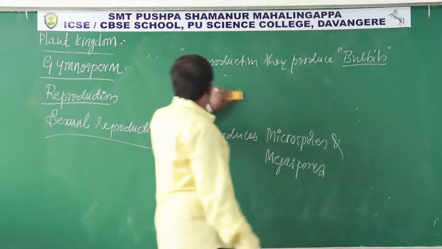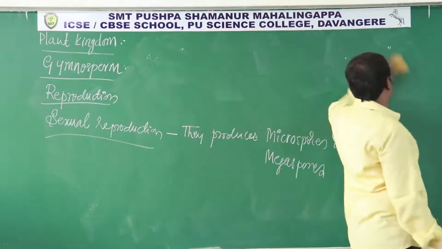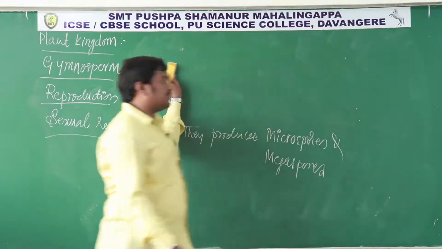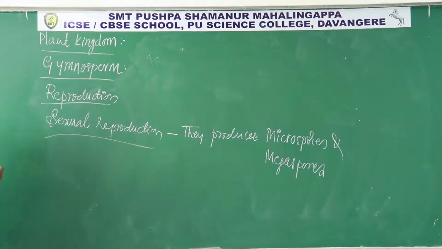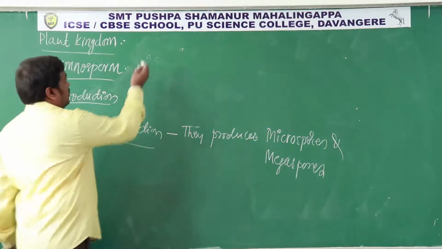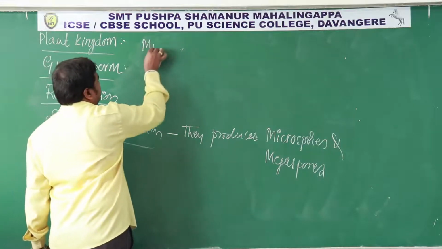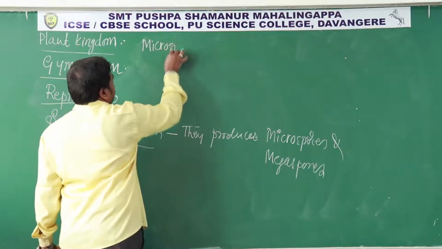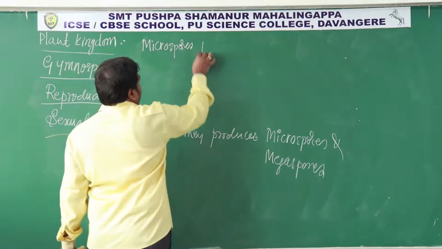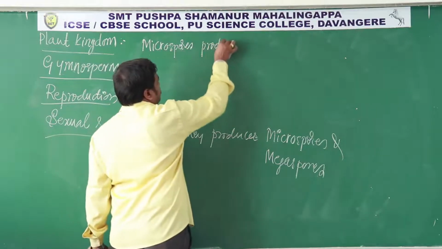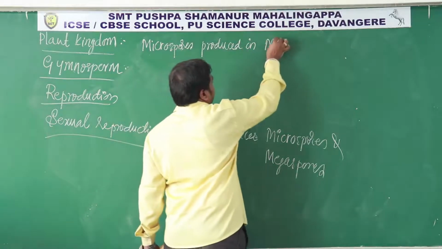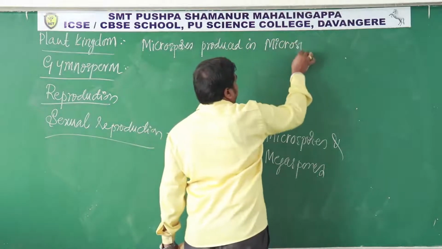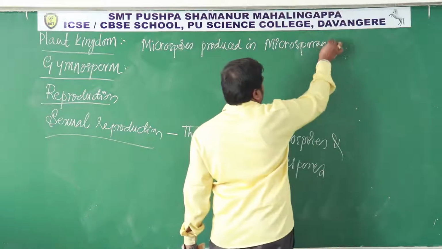If you recall yesterday's pteridophyte class, in pteridophytes also we discussed that heterosporous pteridophytes produce two kinds of spores, microspores and megaspores. These microspores are produced in microsporangia.